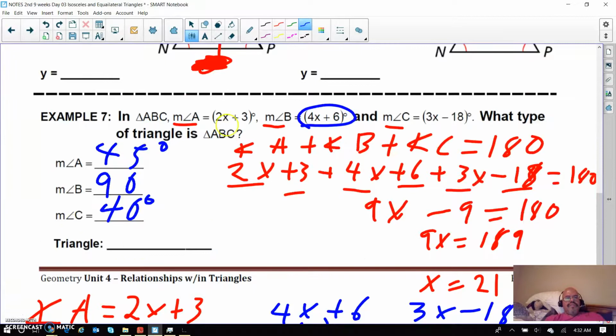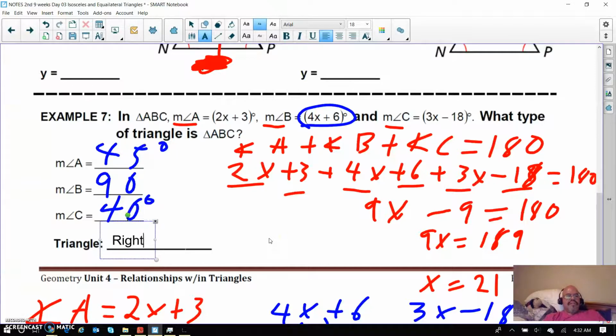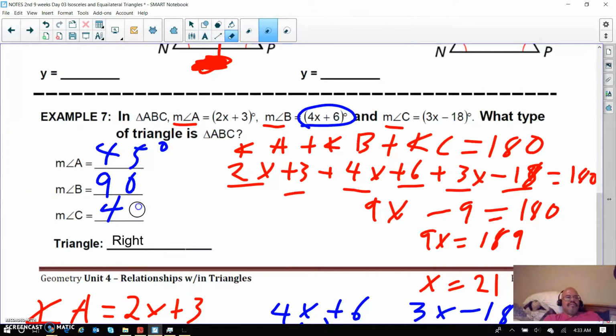First off, we're going to go ahead and write down what type of triangle it is. We'll identify it first by its angles, and we have a right triangle. But why did I put 40? That's not right. That should be 45.